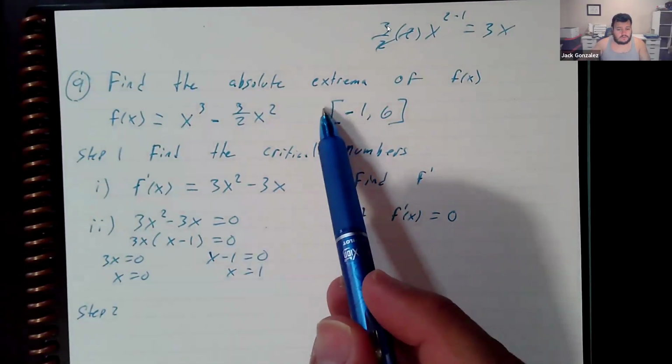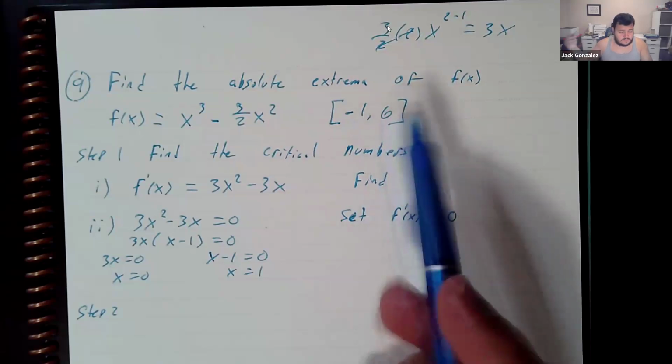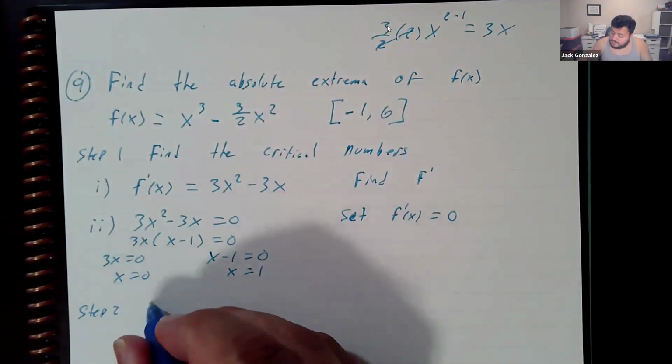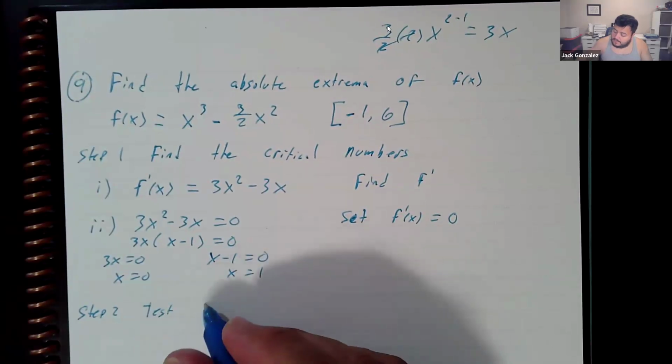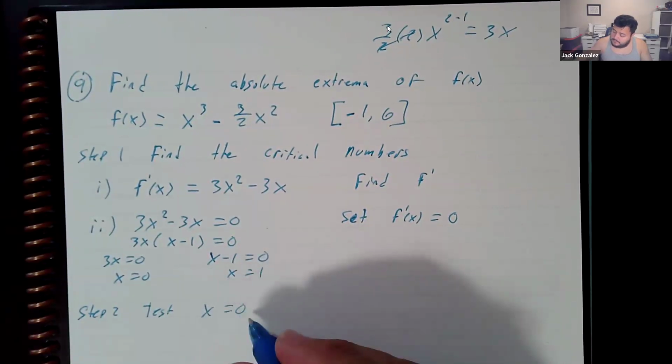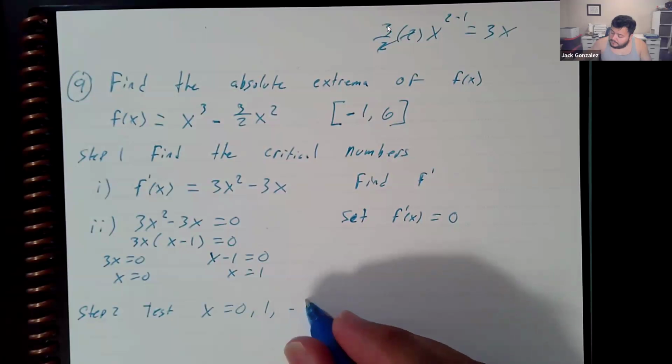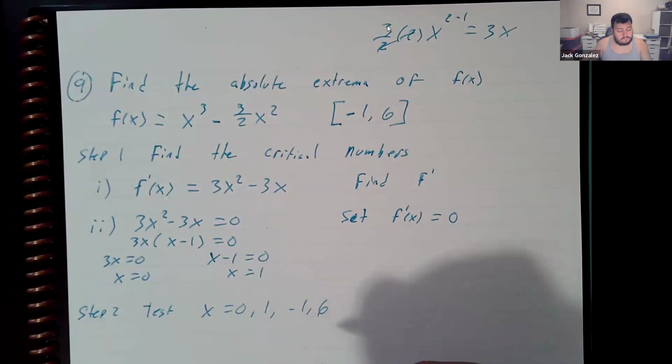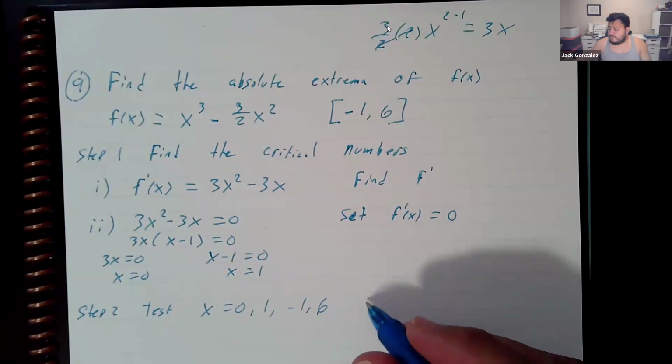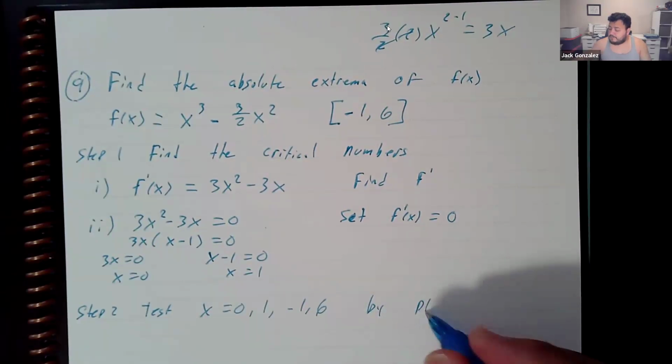So since it's on a closed interval, this is the process. You're going to test x equal to 0, 1, -1, and 6 by plugging them in.